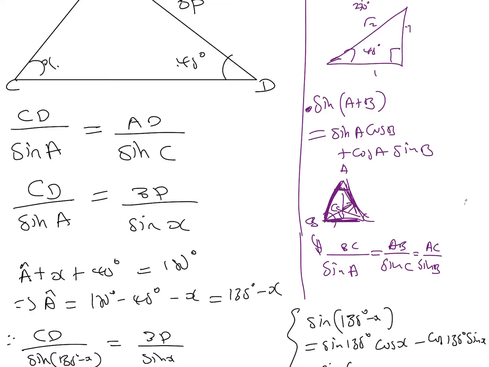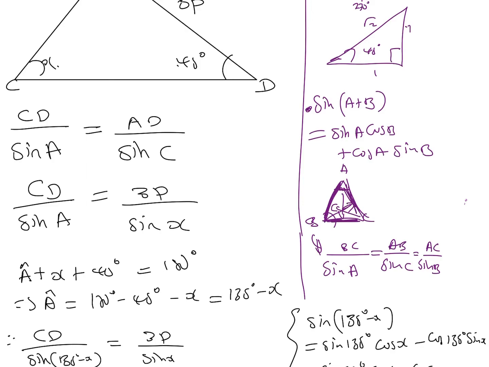And then you reduce that 135 into your first quadrant. So you say 180 minus 135, which gives you 45 degrees. So it's going to be sine 45 degrees times cos x. And again, you do the same calculation. Where is 135? It's in the second quadrant, where only sine is positive, so therefore cos is negative.